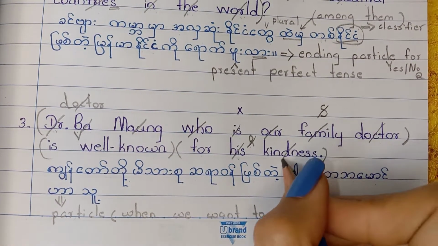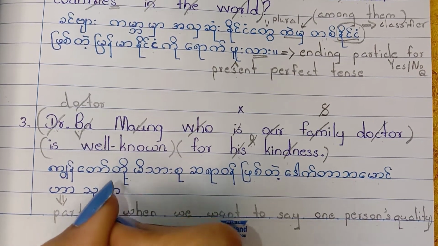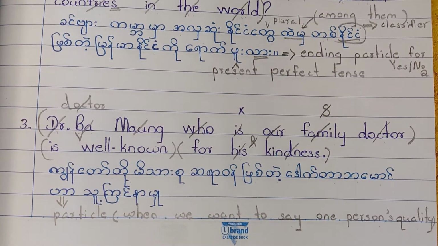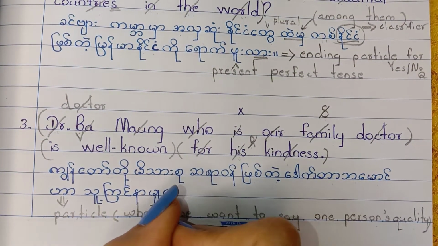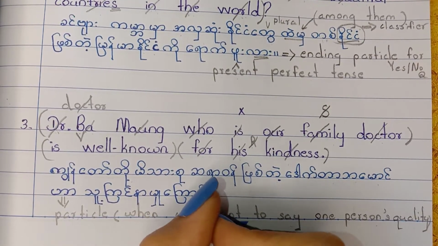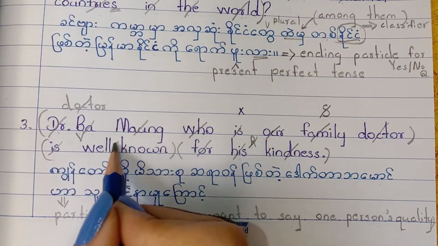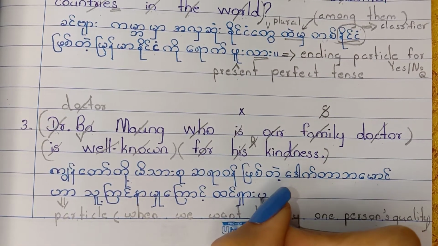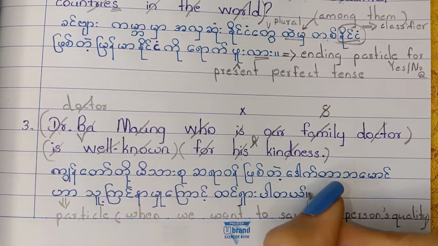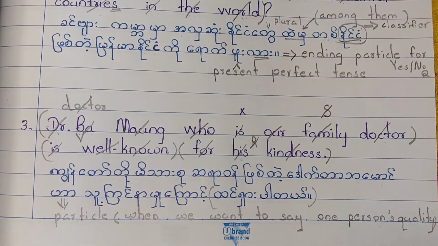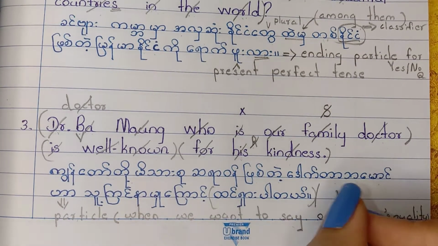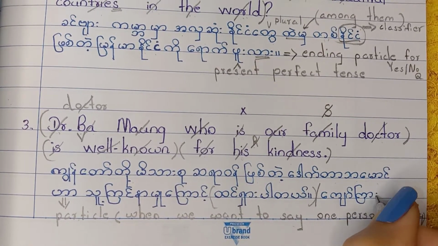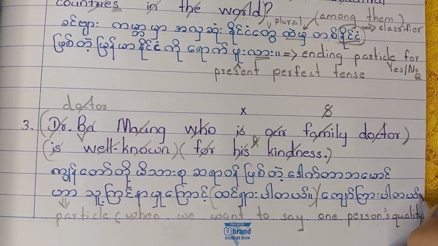And then kindness means ကျေနာမှု, and then for is ကြ, and then is well known means ထင်ရှားပါတယ်. Or if you don't want to use that ထင်ရှားပါတယ်, you can also say ကြော်ကြားပါတယ်, or you can also say နာမည်ကြီးပါတယ်, you can use as you like.